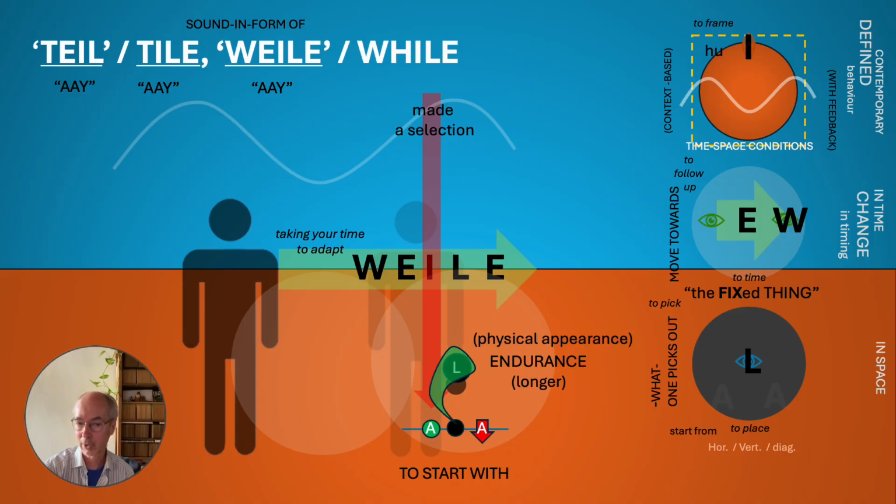Because then will come the L. So I will make first the selection, and then the form again will be shown. The form will be shown, what will come out of it, and it has, with L and then the E after that, not just its physical appearance, how it looks like, but also with an extra little E a certain endurance in how and what is formed there.